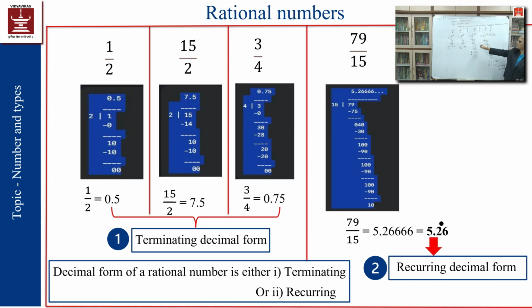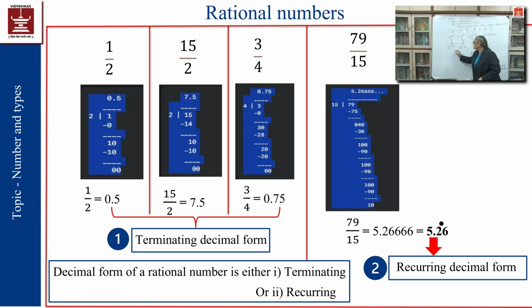How can we describe the decimal form of these numbers that we have taken? In the first 3 examples, no digit is repeated, but the division comes to an end, that is, it is terminating. To terminate means to come to an end. The division comes to an end, and therefore it will be called the terminating decimal form.